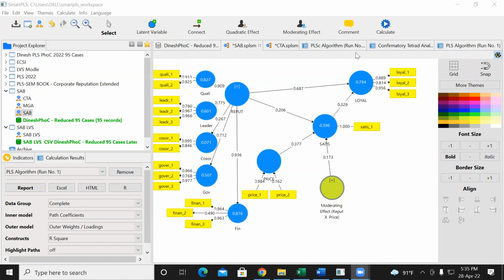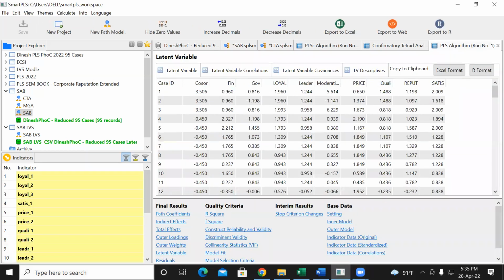When you complete that, you can run the calculation, no? Yes. For a normal model. When you run the normal model like that, there is something in the report called latent variable. In the latent variable, you get this matrix. First one, latent variable, we call these latent variable scores.